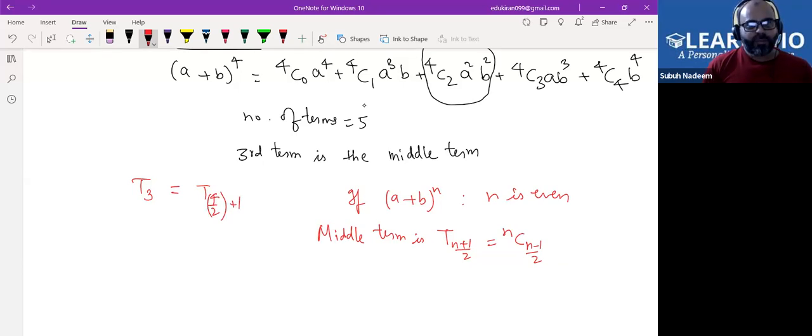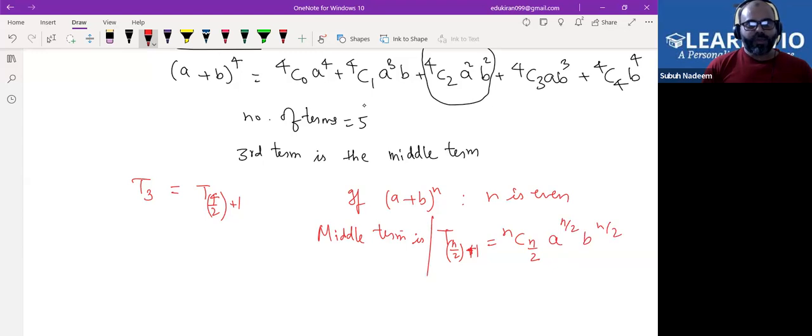So here in place of 4, if we take n, then it will be n by 2 plus 1, like this. If n is the index, then it is the (n by 2 plus 1)th term. Like if we see here, the r is n by 2, so nC(n by 2), a to the power n minus n by 2 is n by 2, b to the power n by 2.